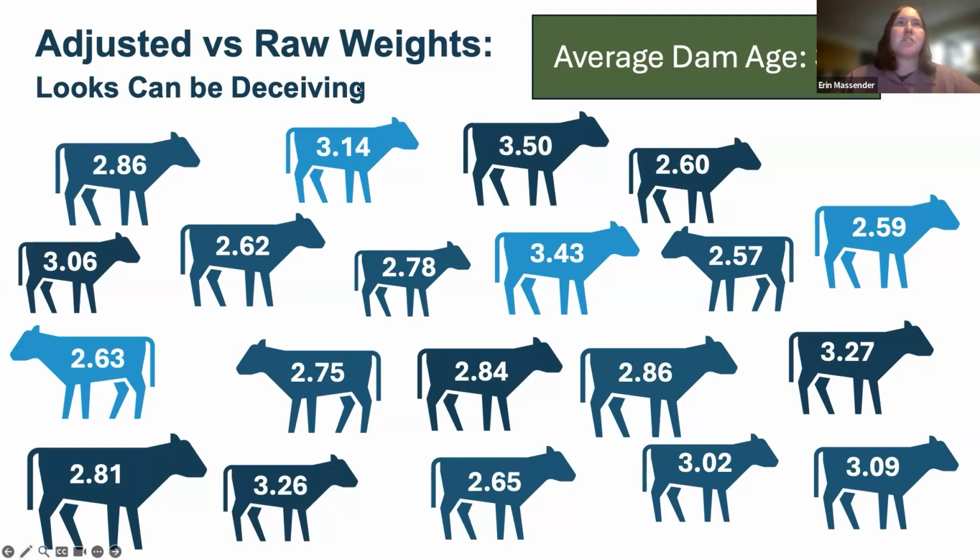So the heifers are the lighter blue, the 3-year-olds are the in-between color, and then the dark blue represents mature cows. If we take this into consideration, calf 6, while it has the highest average daily gain, is also from a mature cow compared to some of these first calf heifer calves.